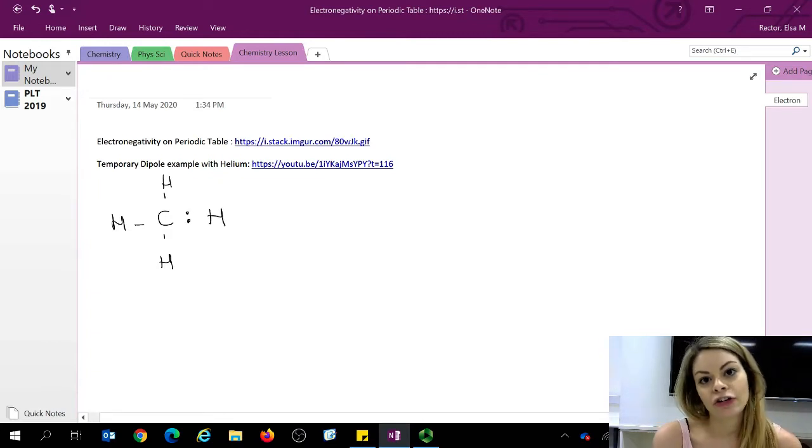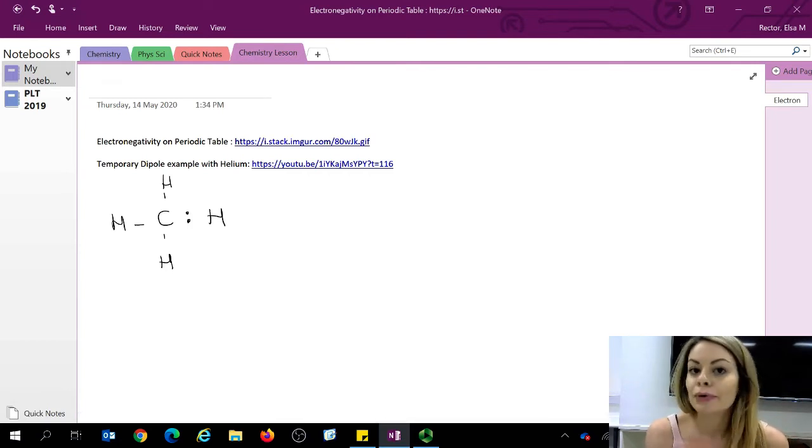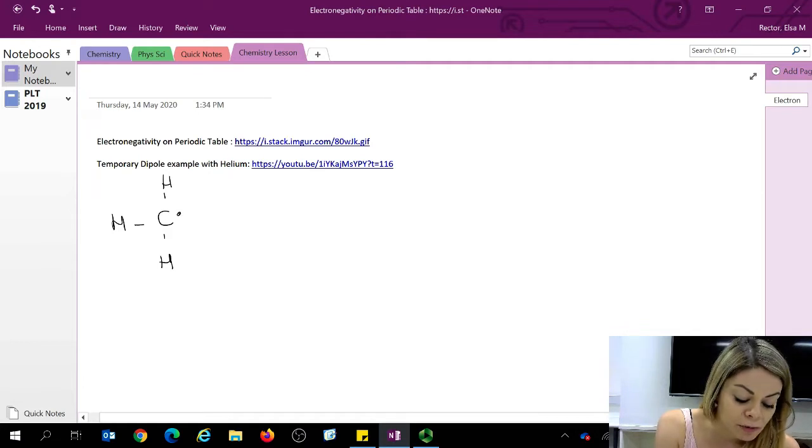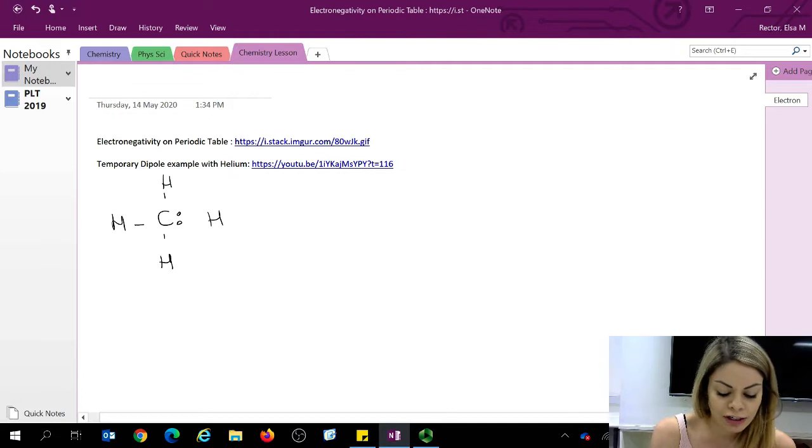Now, the electrons don't just sit in one spot and stay there nicely. They're constantly moving around, okay? So they might shift over here, and then they might shift back over this way, that kind of thing. So the electrons are constantly moving around.